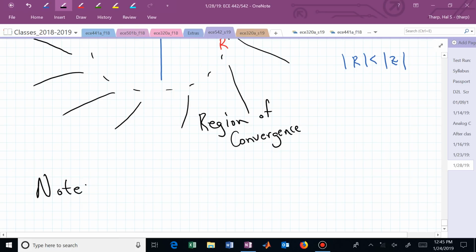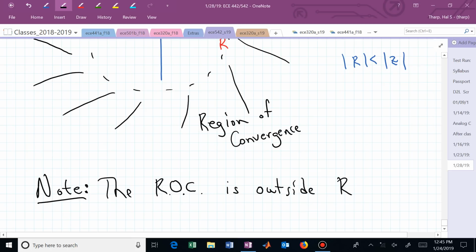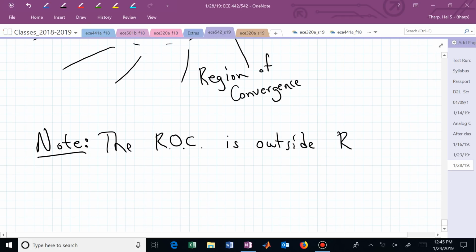We can make a couple of observations. Note, the region of convergence, this ROC, that's how I might refer to it, the rock, is outside R. And we didn't make any claims on R, did we? Right now.